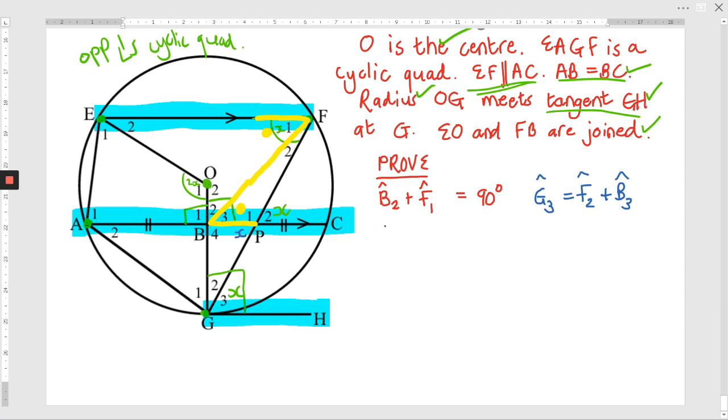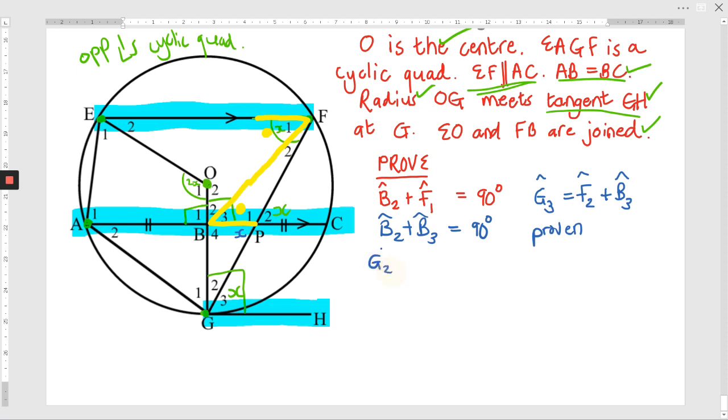I'm going to say B2 plus B3 equals 90 degrees. And I'm just going to repeat, I've proven that, so I can say proven. If you're ever unsure, then just go and rewrite the reason, okay?